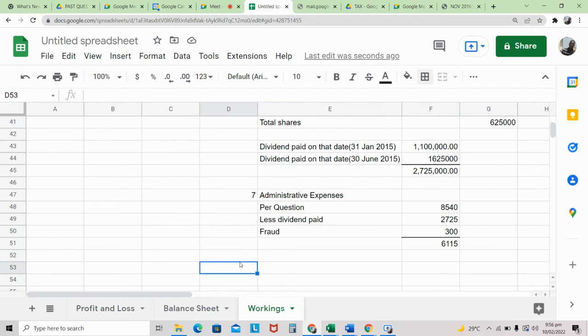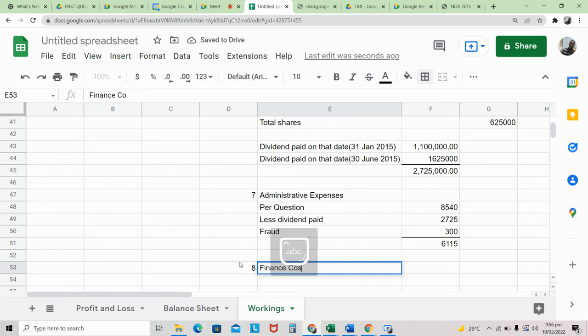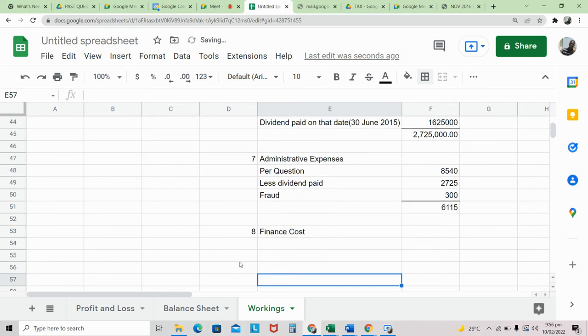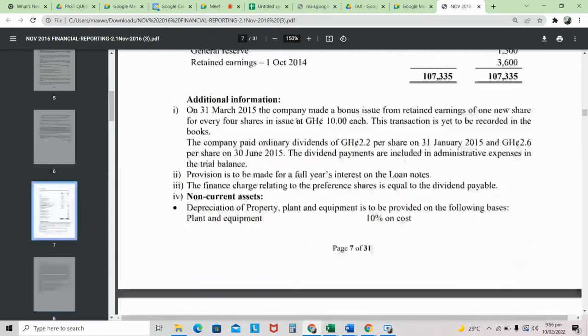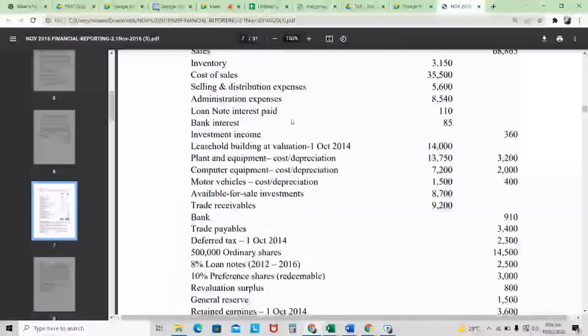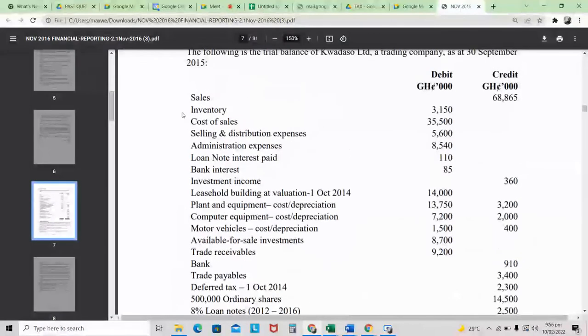Finance cost has to do with interest accrued, or the interest that accrued during the period. So we have to go to our trial balance and find out any interest that accrued during the period.